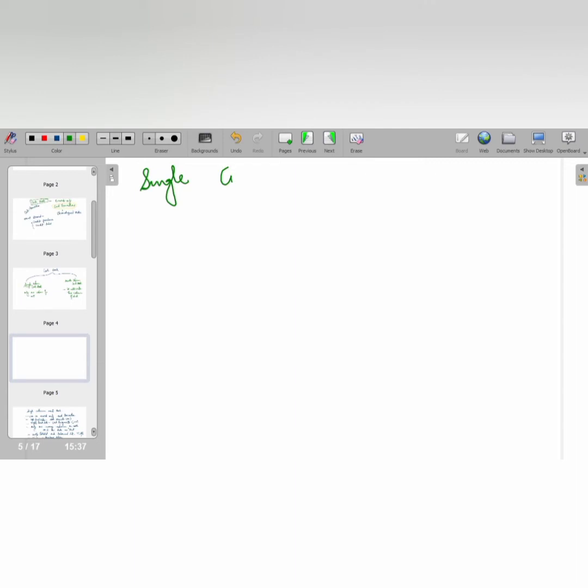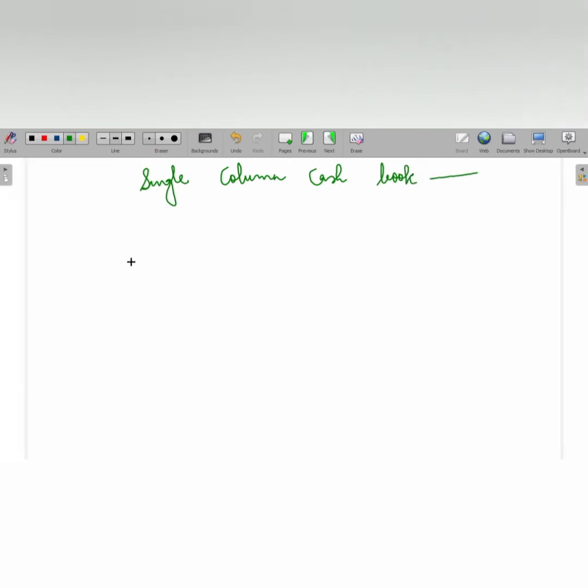Single column cash book means the cash book which records all the cash transactions in chronological order.